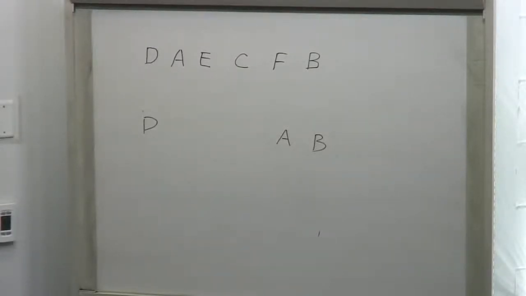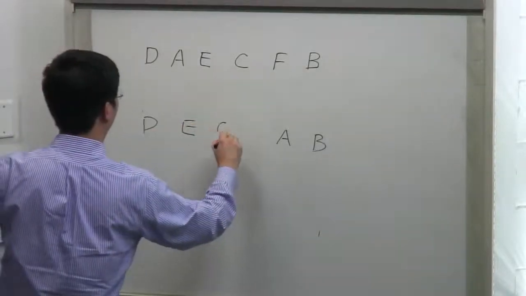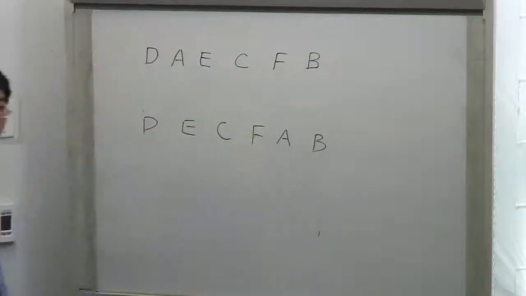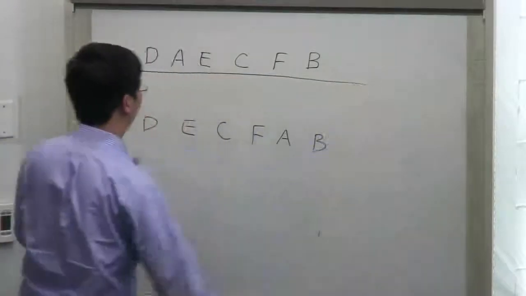So E is here, C is here, F is here. If you write either of them in your homework or exam, I accept both, because that's a tie break. It's arbitrary. Let's focus on the first one. Now we know the sequence: D, A, E, C, F, B.